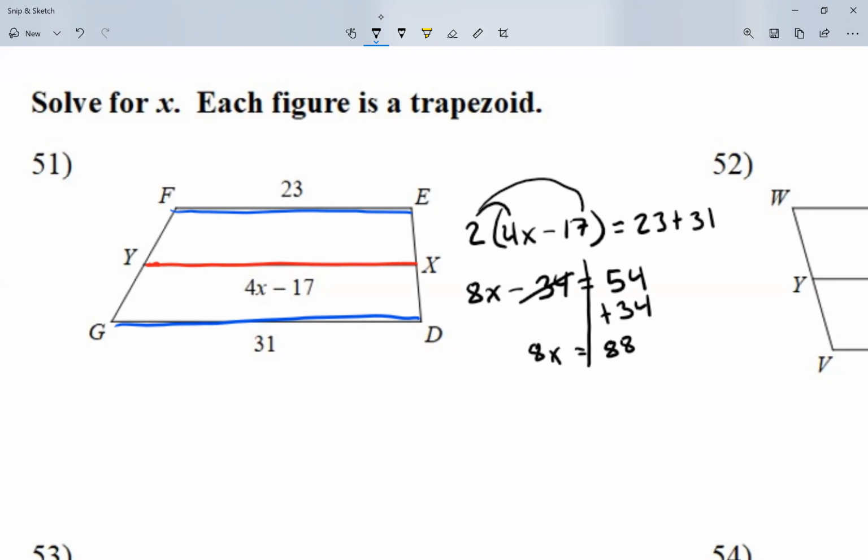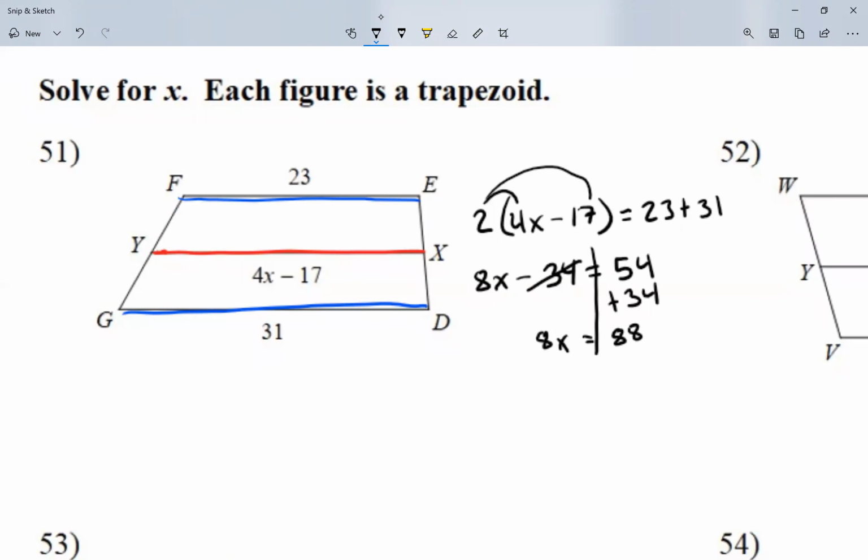I want the x by itself. I see an 8 in front of it, so let me divide both sides by 8, and I'm going to get that x is equal to 11. Remember, the midsegment is the one that I multiply by 2, and then in this case, I add the two sides that are parallel to it.